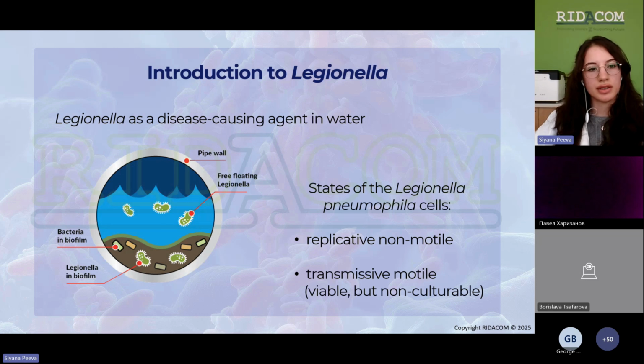And here you can see a little scheme of how Legionella is in water, and this is the biofilm where it can thrive, but it also can transfer to the water, and this is the very dangerous state for us because it can be in water everywhere around us.